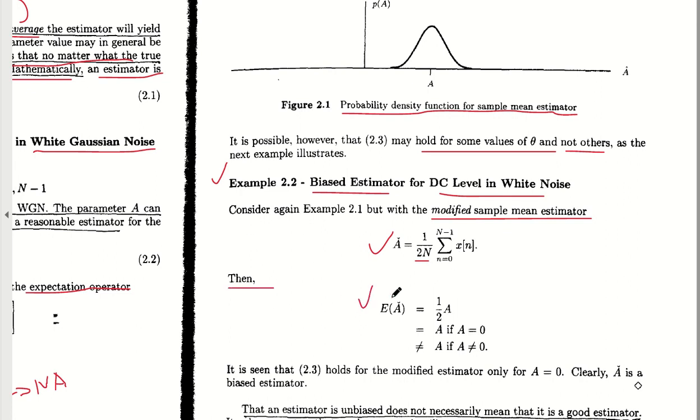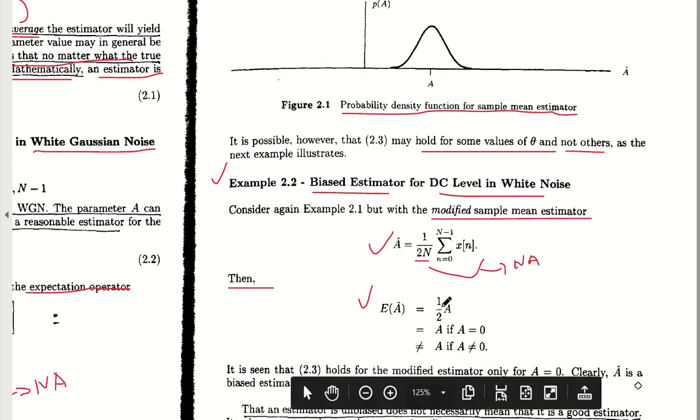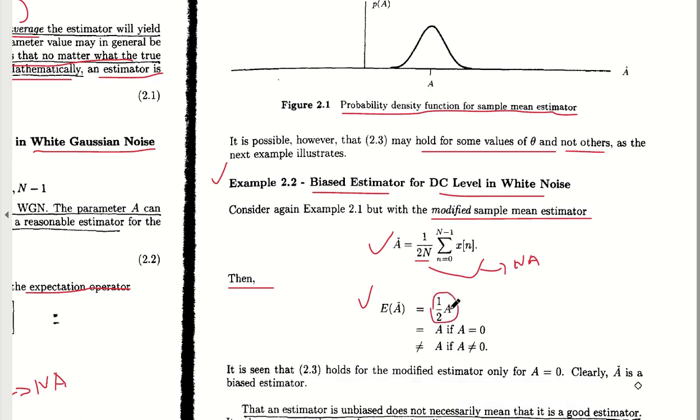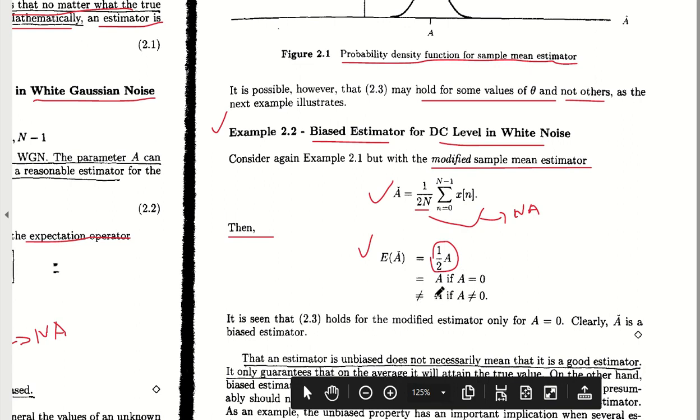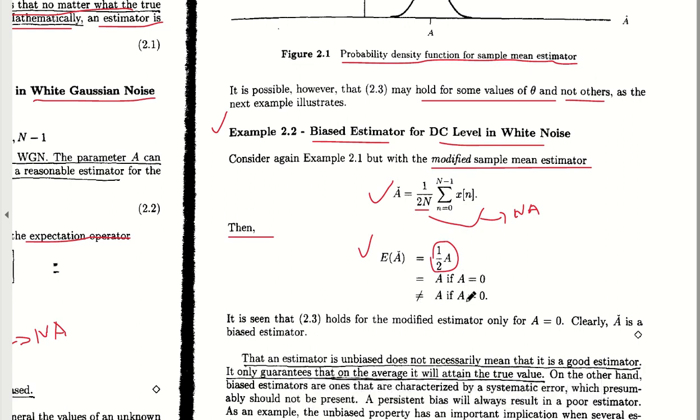Then what happens is, if we do the expectation as we did before, the whole sum is still NA, and NA divided by 2n becomes A divided by 2. 1/2 multiplied by A will be equal to A if A is 0, and not equal to A if A is not 0.